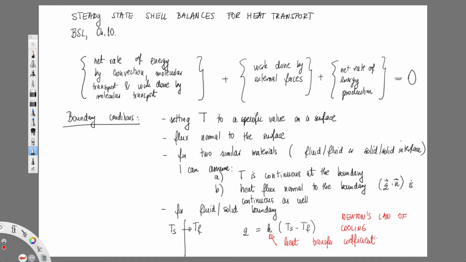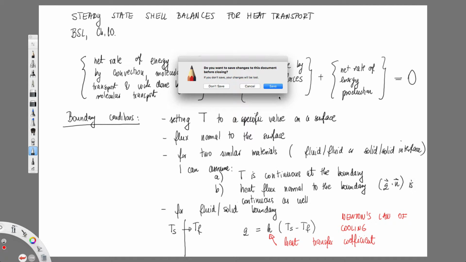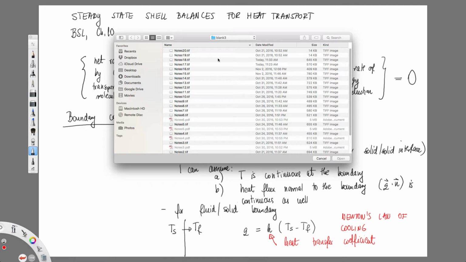Alright, so this is basically how we will set up the problems. Let's actually finally work on a problem. My first example is going to be from chapter 10.4.